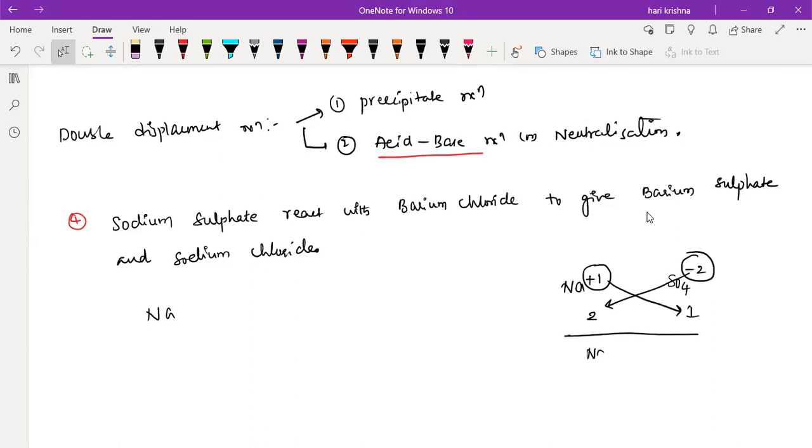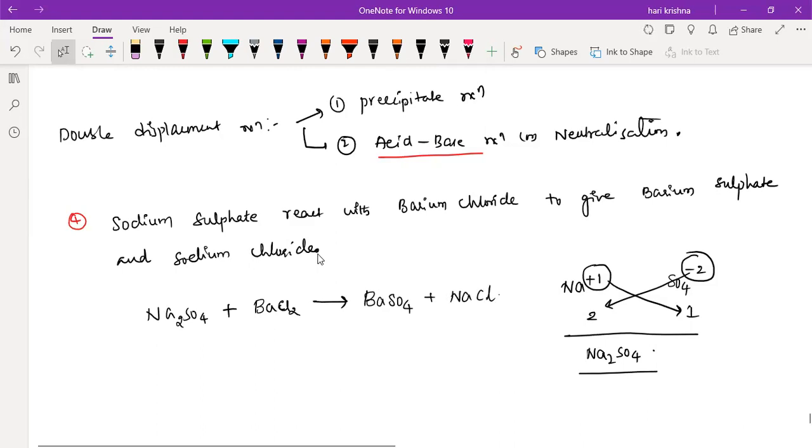What do you get? Na2SO4. So Na2SO4 reacts with barium chloride, BaCl2, with capital C in chloride. Gives rise to barium sulfate, BaSO4, plus NaCl, sodium chloride. Fine. This is the answer.